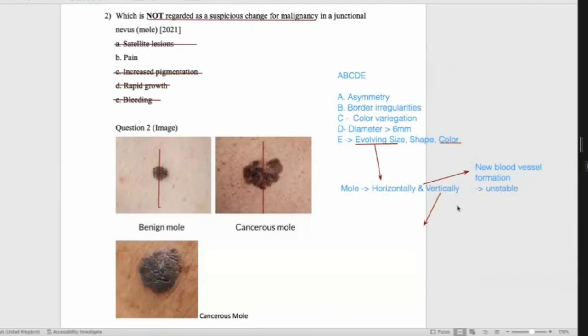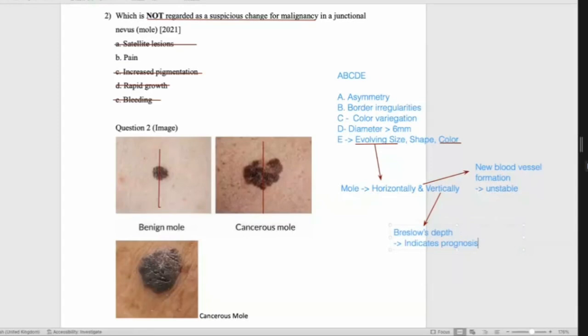Now, on the same note where I mentioned moles can grow vertically, also remember something called Breslow's depth, right? This isn't something you have to swat. Don't waste your time swatting the whole criteria for Breslow's this and Breslow's that. Just remember, as a mole grows vertically, it gets deeper. And there's something called a Breslow's depth, right? This particular thing indicates prognosis. So the deeper a mole goes, the more likely it is to metastasize.